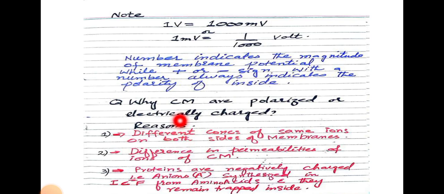Why do membranes get polarized, or electrically charged? Why do membranes develop membrane potential? Actually, it is due to the different concentrations of the same ions on both sides of the membrane, and also due to the permeability differences, and also proteins get trapped inside the cell.